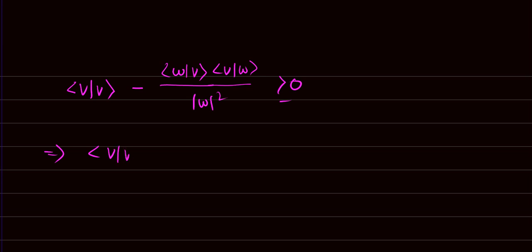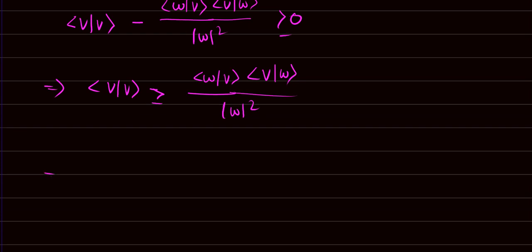We end up with VV minus omega V, sorry, WV, and VW by omega square is greater than or equal to 0. And if we take this to the right side, we'll get this square, right? You can understand this.